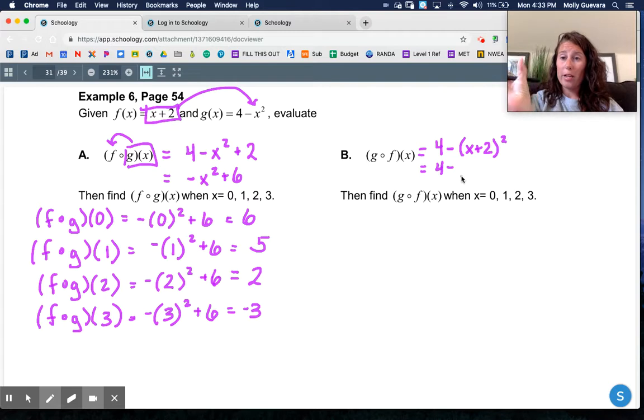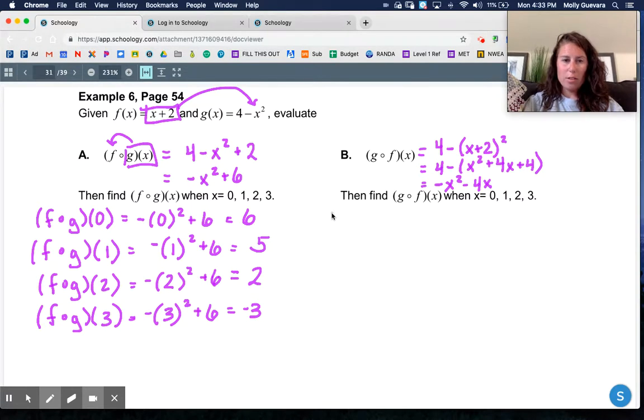You have to write it twice, boom, boom, and then distribute. So if I just do that in my head, because I know how to do it, x squared plus 4x plus 4. So my final equation here is negative x squared minus 4x. The 4 and the negative 4 cancel, so it's just negative x squared minus 4x.